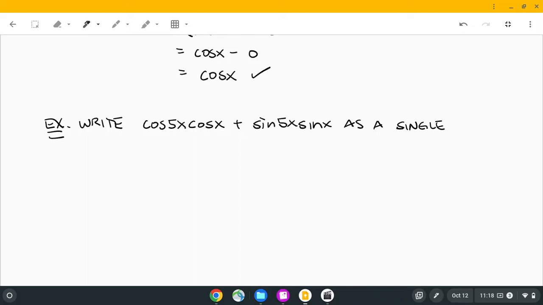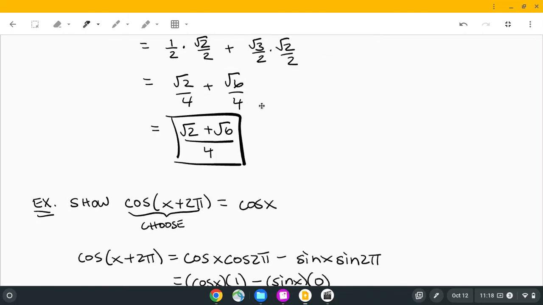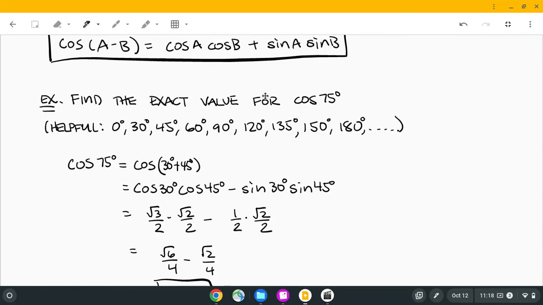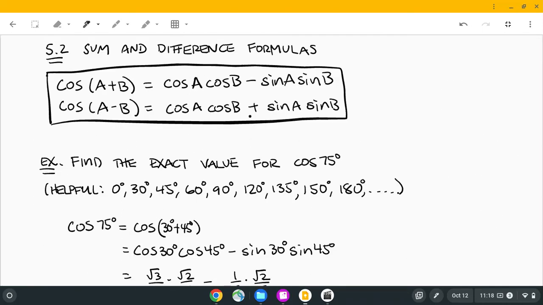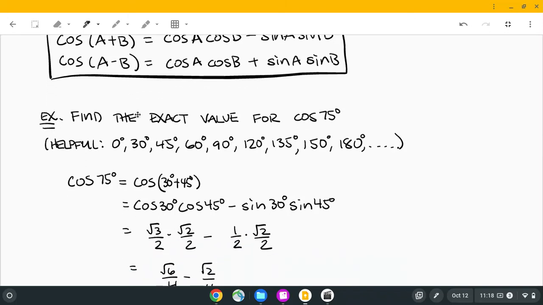Okay. As a single trig function. All right, so you have to pay attention to the structure here. It's cosine, cosine, sine, sine addition. So that goes with cosine A minus B.